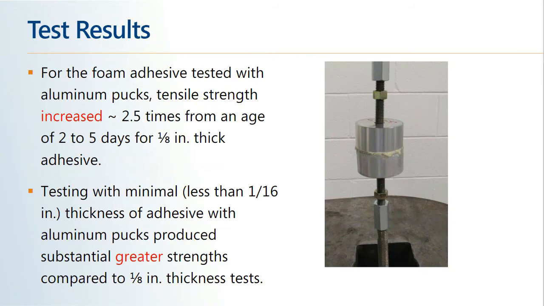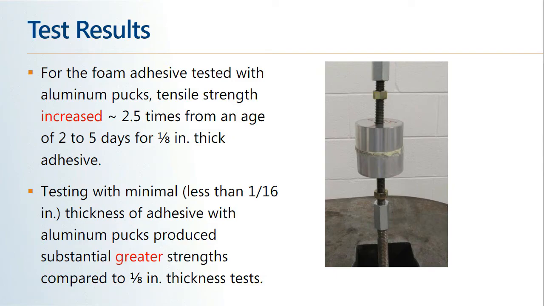For the foam adhesive tested with the aluminum pucks, we had strengths greater than 2.5 times. From age, it shows that by going from 2 days to 5 days, the strength increased by 2.5 times or greater. But the thickness was minimal when we tested just adhesive by itself, and it produced significantly greater strengths compared to the 1/8-inch thick tested specimens.